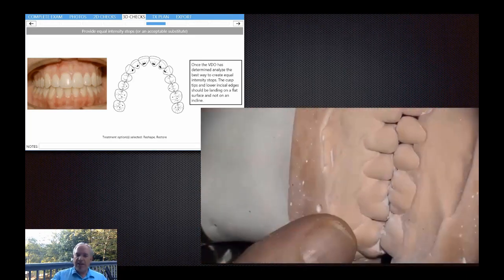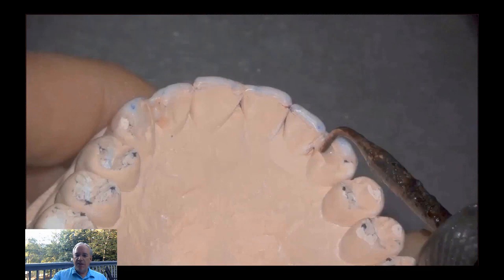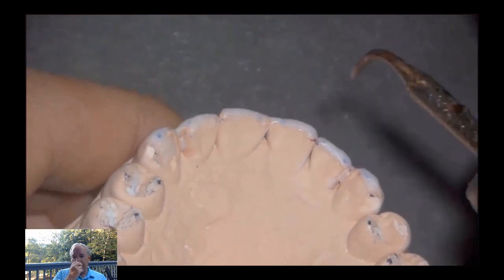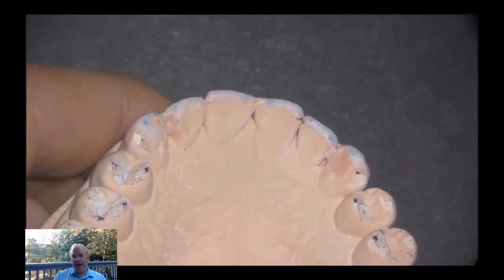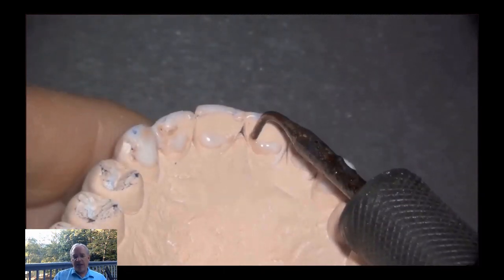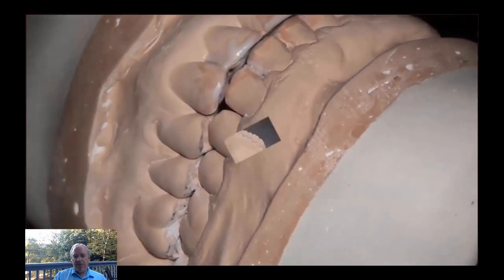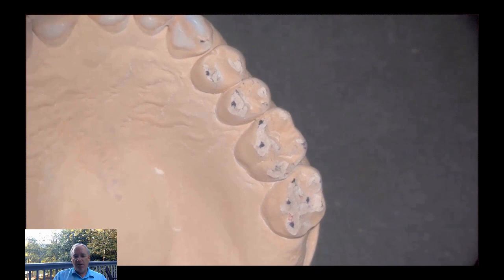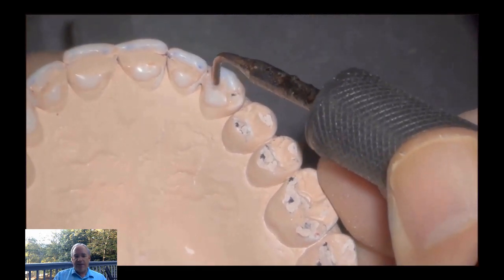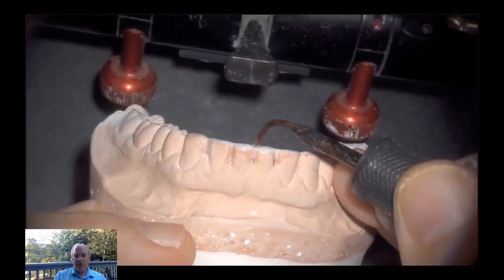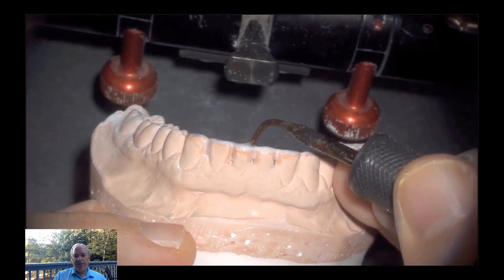And if we're still slightly out up on the canines, then we can come back in and wax this in. So we're doing some reductive reshaping in the back and a little additive reshaping in the front. And you could do the same thing in somebody's mouth by reshaping the back teeth and just adding resin in the front, which is what we do a lot, particularly with patients that have limited funds.